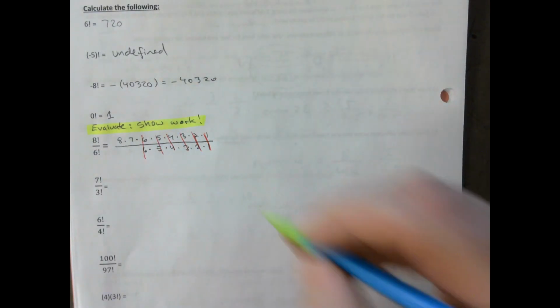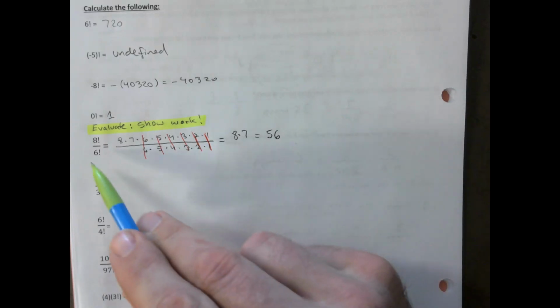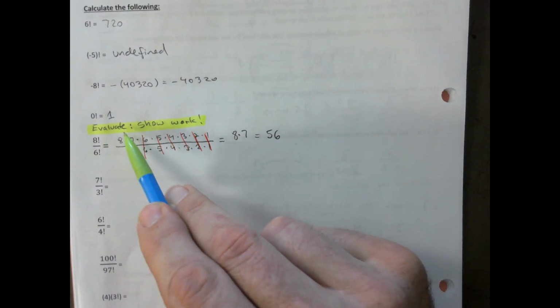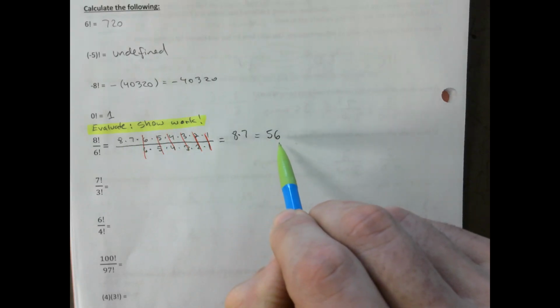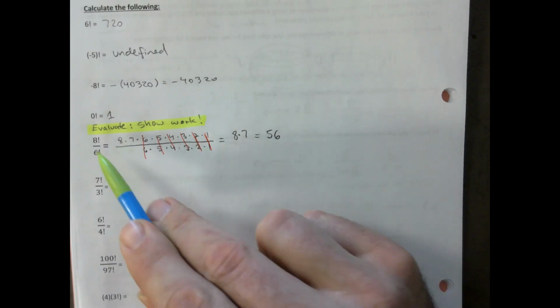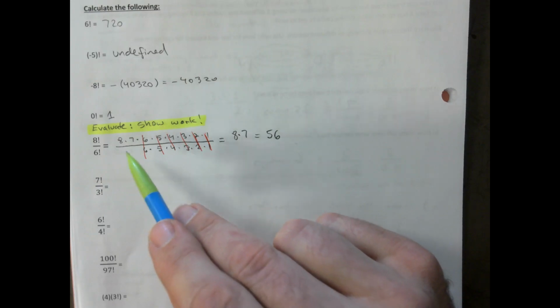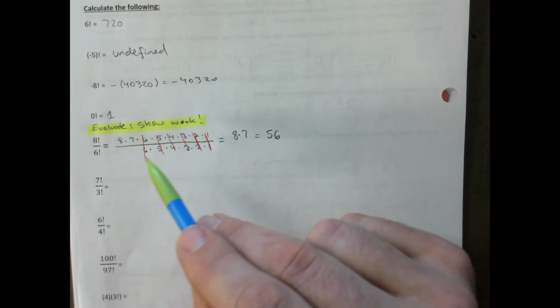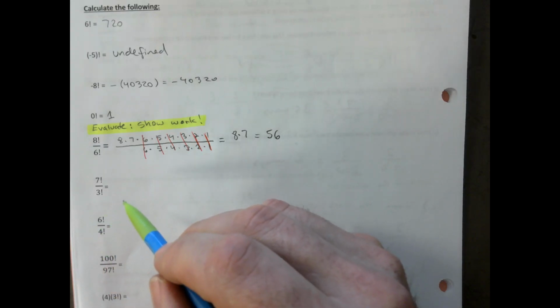What are you left with in the numerator? 8 times 7, right? That's 56. So this whole thing, if you were supposed to evaluate, you would just do this and get 56. I used small numbers because it's easier to show you once with small numbers, but it really is important to do this when they're big numbers. Okay? So watch this next one.